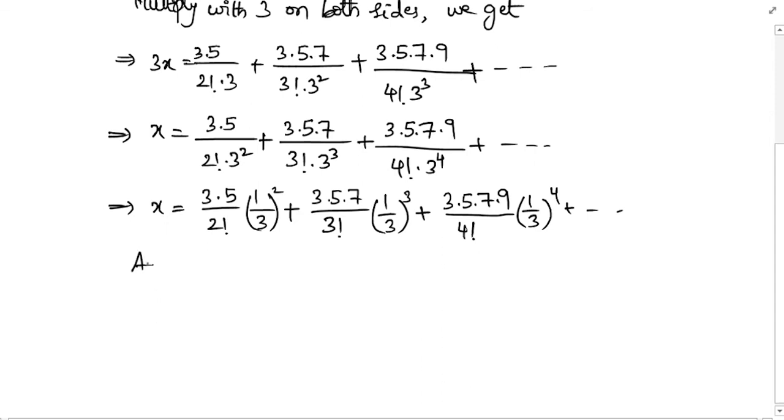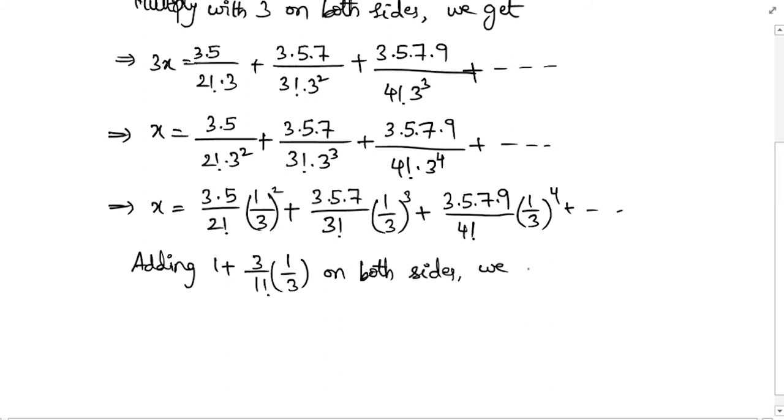So what we do is add 1 plus 3 by 1 factorial into 1 by 3 on both the sides. Then what do we get?